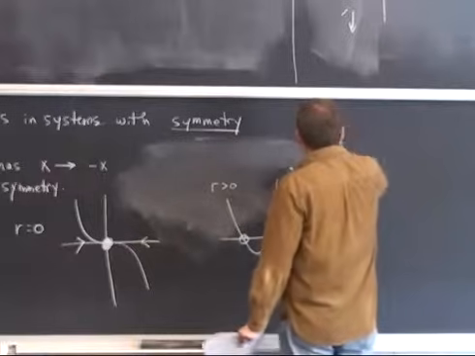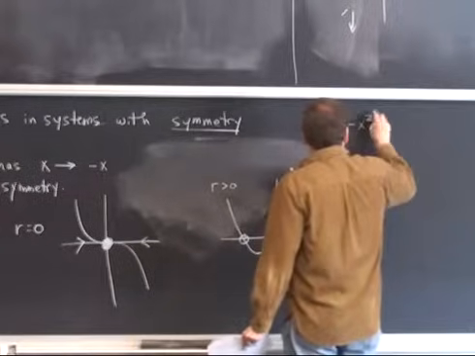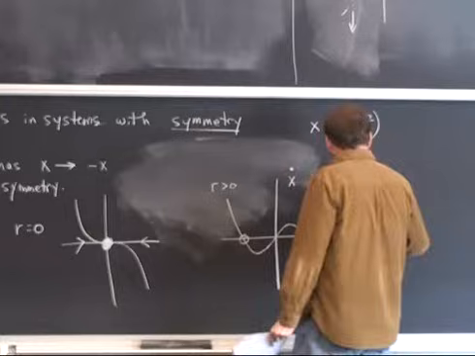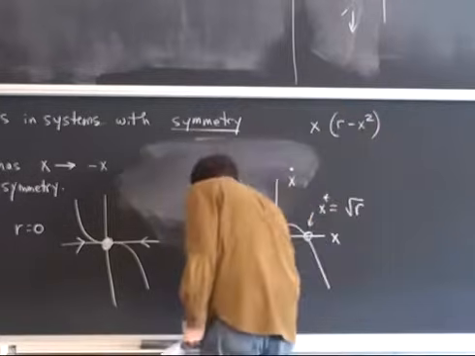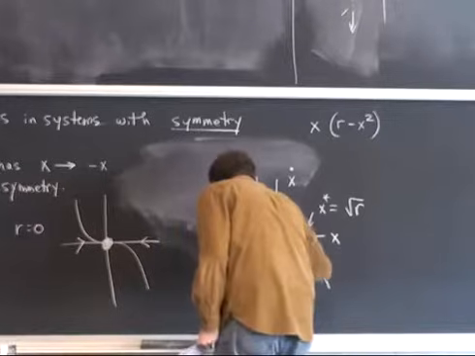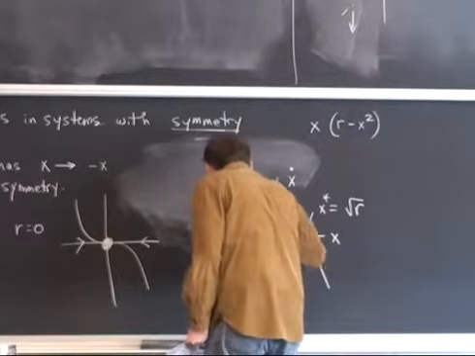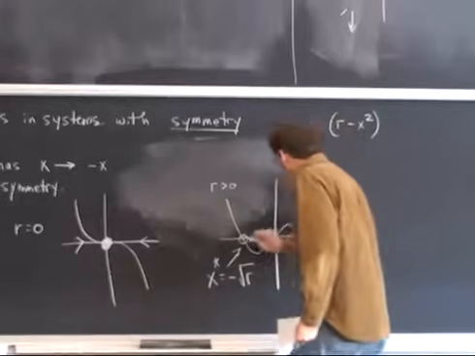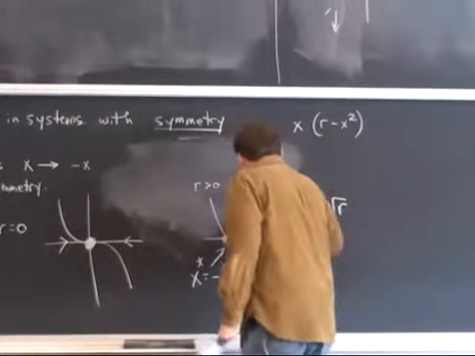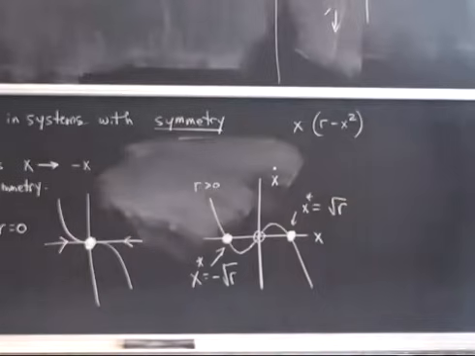It's x times r minus x squared. So here at x equals square root of r is one fixed point, and then it has a symmetrical partner. x is minus square root of r there. And these are both stable, whereas the origin has now become unstable.